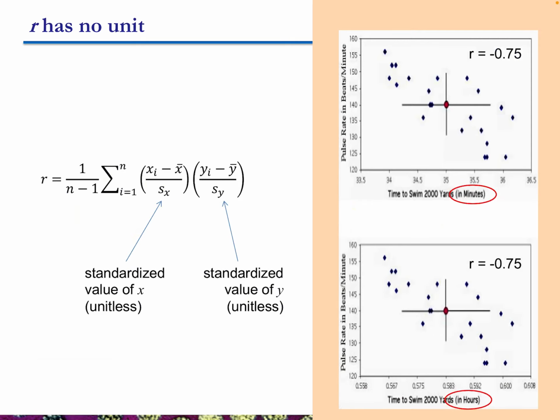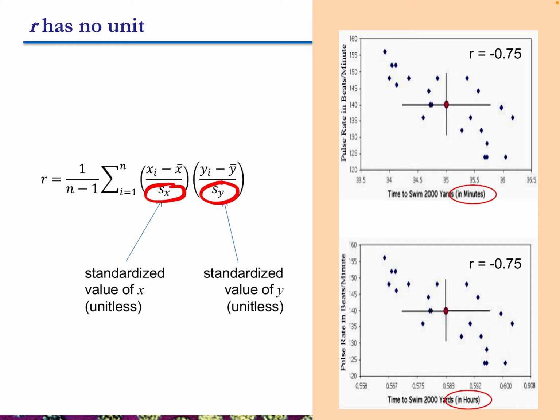Second thing about r, the correlation coefficient, is that it has no unit. When you take the standard deviation of something, that eliminates all units. So by calculating standard deviation, which we've done here in the denominator of this formula, you are doing what's called a standardization.